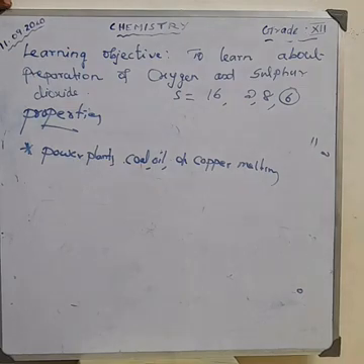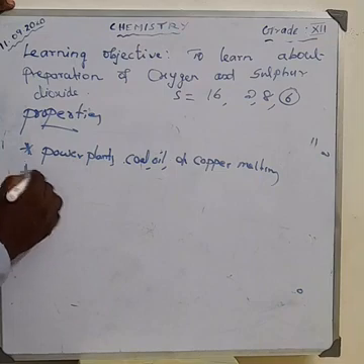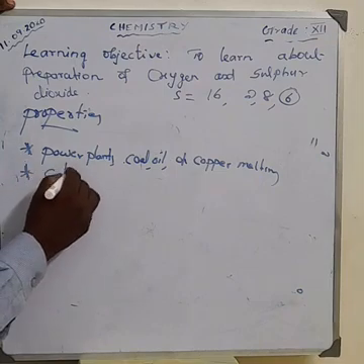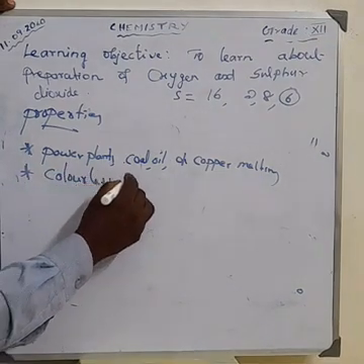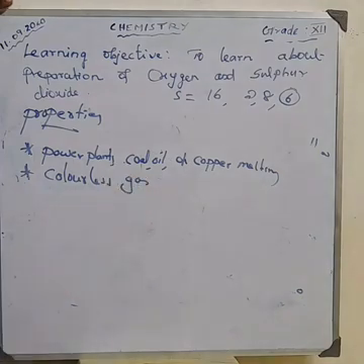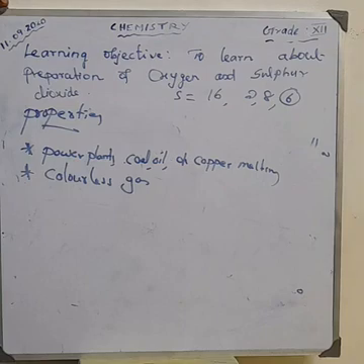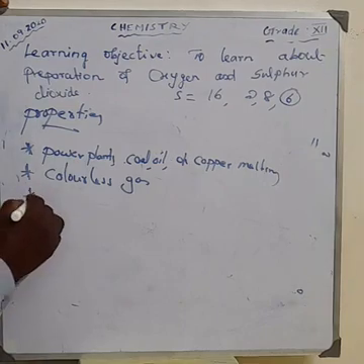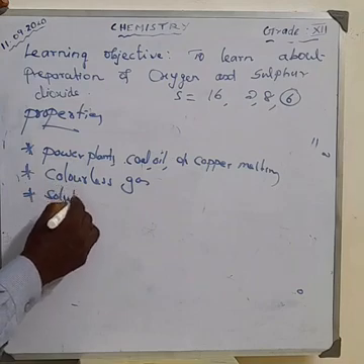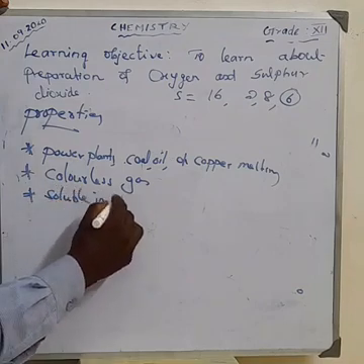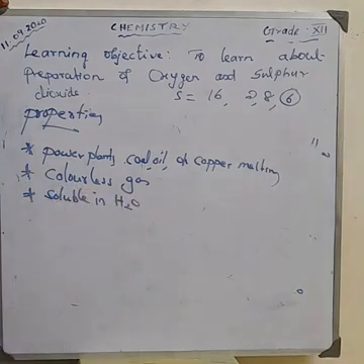Okay, it is a colorless gas. Sulfur dioxide is a colorless gas and also has a suffocating odor. Next, it is highly soluble in water and about 2.2 times heavier than air.